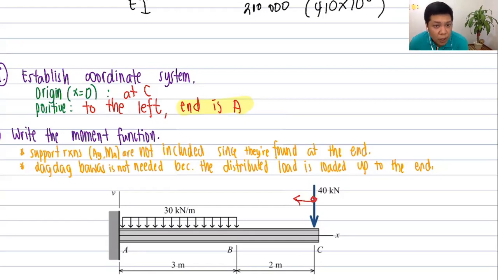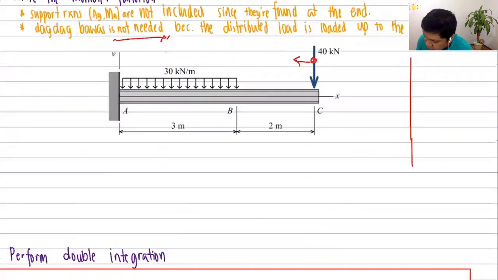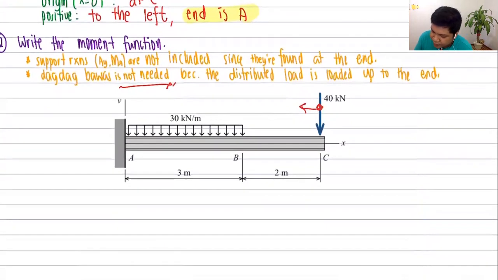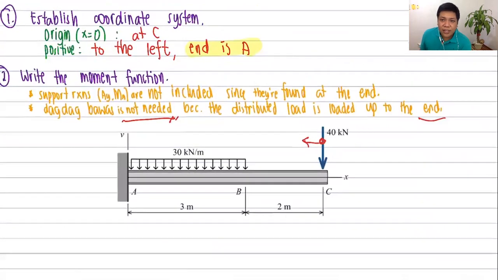Do I need to perform dagdag bawas? Actually, no. We do not need to perform dagdag bawas because the distributed load is already loaded up to the end. Why is it already loaded up to the end? We can see that the end is at A. Okay?